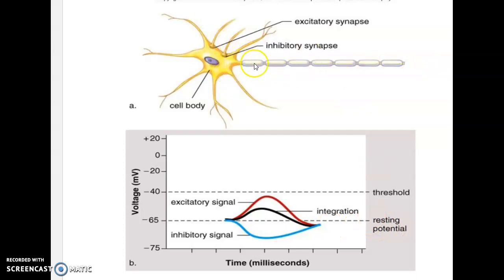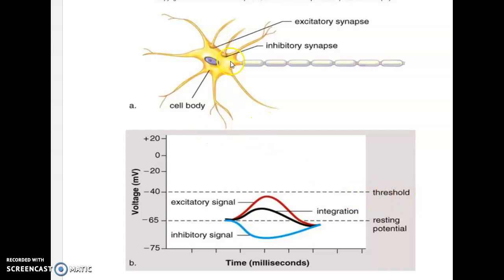But if I want this cell to send its impulse to release its neurotransmitters, I have to generate an action potential. Well, the only way I can generate an action potential is if my voltage inside reaches this magic number called threshold.